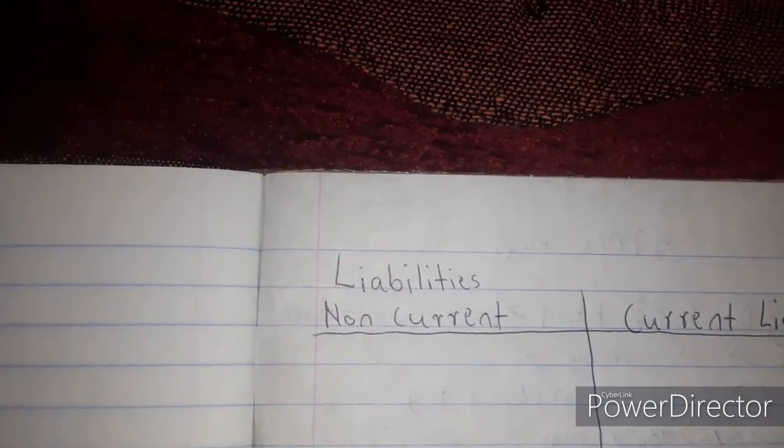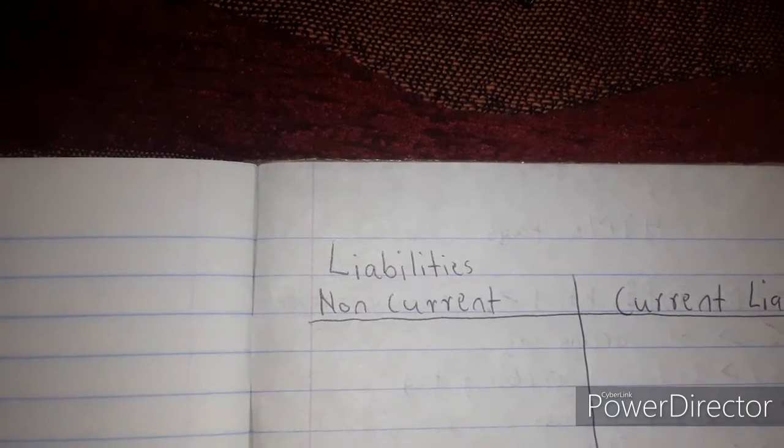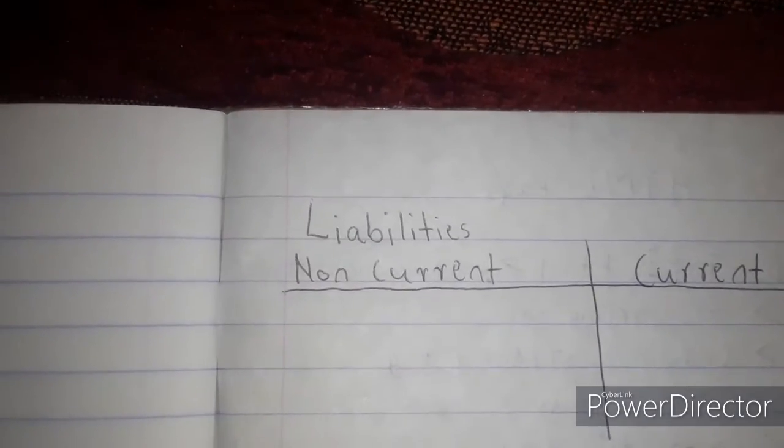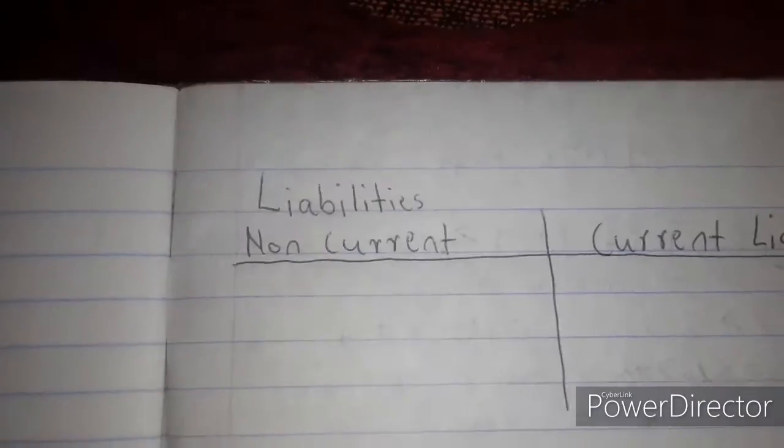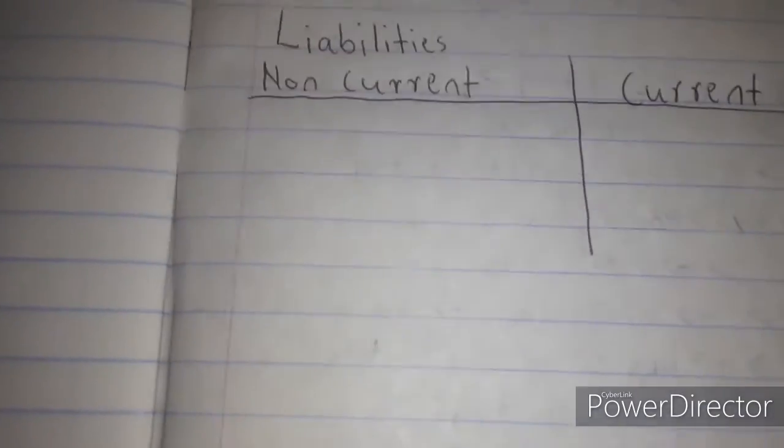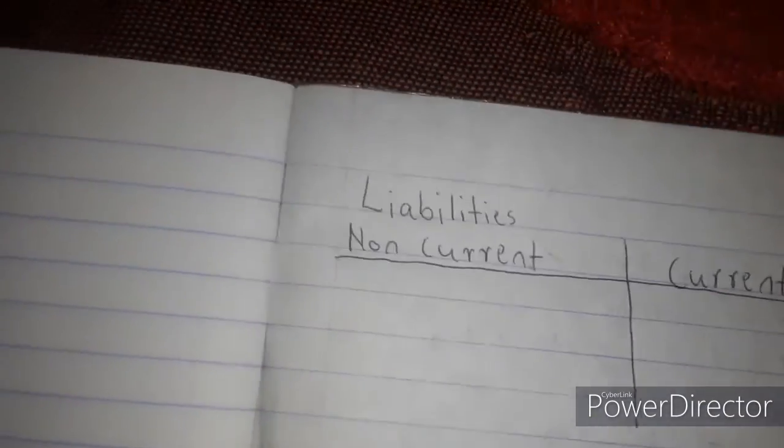So non-current liabilities are those amounts which the business owes but are repayable over a period longer than 1 year. So non-current liabilities, they take longer than a year to recover.